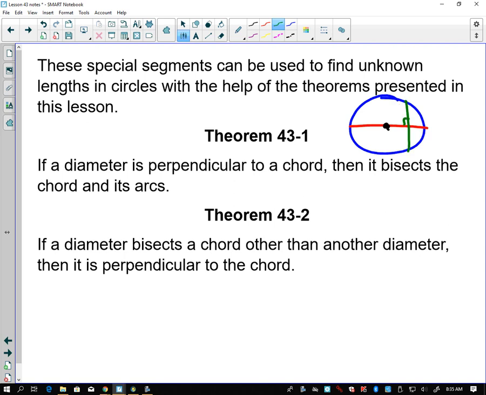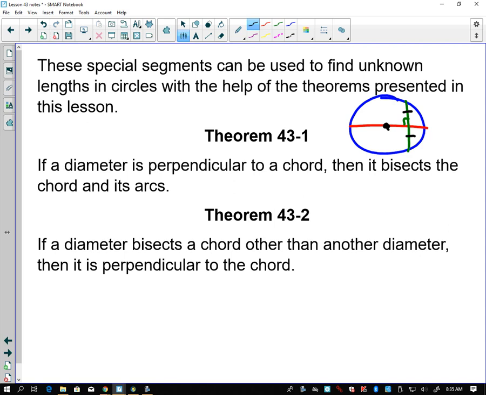If they are perpendicular to each other, then this diameter is going to bisect that chord just like that. So if I see a diameter and a chord with a right angle, I know that that chord has been bisected. They may not show me it's been bisected, but I should know that because of theorem 43-1. Does that make sense?